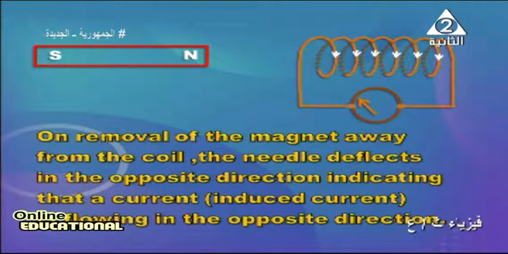In both cases, we've got a changing magnetic field intercepting the coil. It is increasing while the magnet is moving towards the coil, or it is decreasing while the magnet is moving away from the coil. By the way, we can hold the magnet at rest and move the coil towards the magnet or away from it, and we've got the same observations.